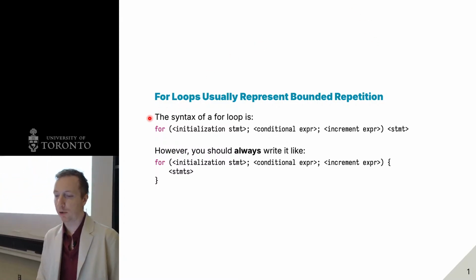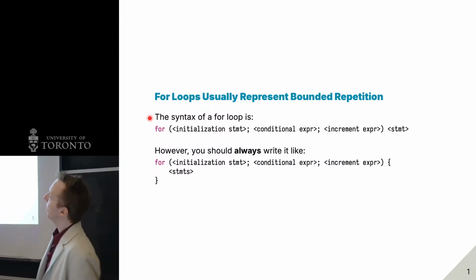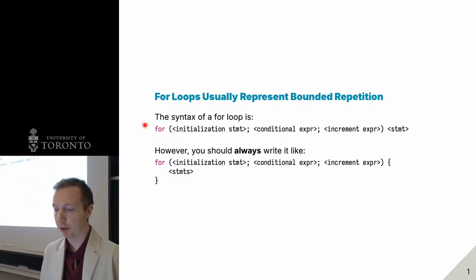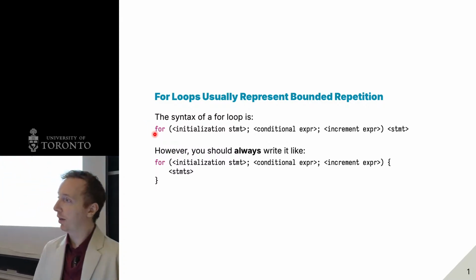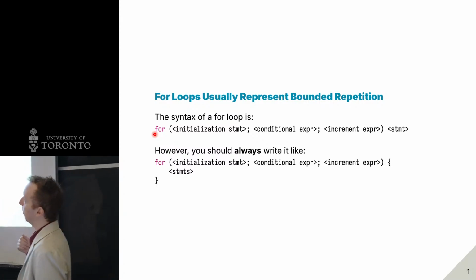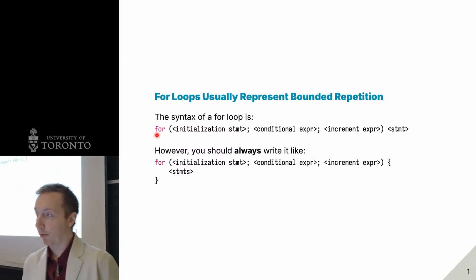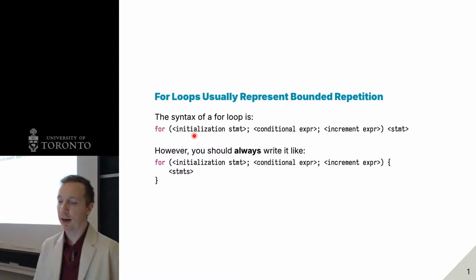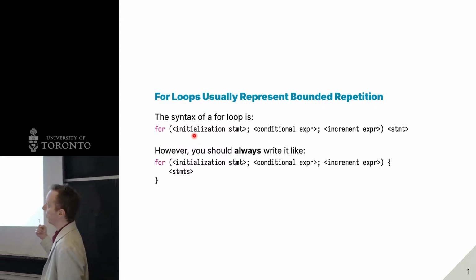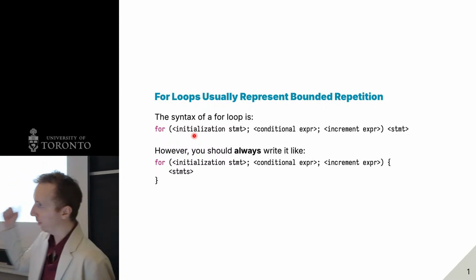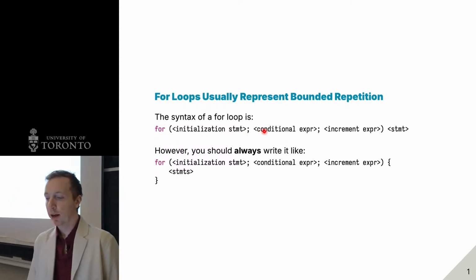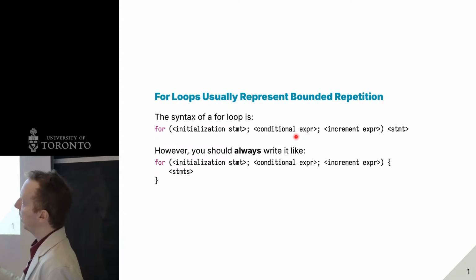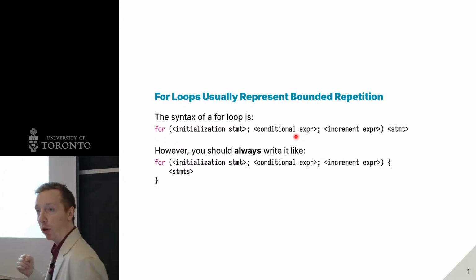So the syntax for a for loop might look a bit more complicated, but there's a reason for that. We'll see shortly. The syntax is the keyword for. Again, keyword, I can't name a variable for. It is reserved for indicating the start of a for loop. Then parentheses, and then the first thing is an initialization statement. That will only execute once. We'll see a flow diagram as well. Then we have our conditional expression, exactly like for an if statement, or in this case more like a while loop.